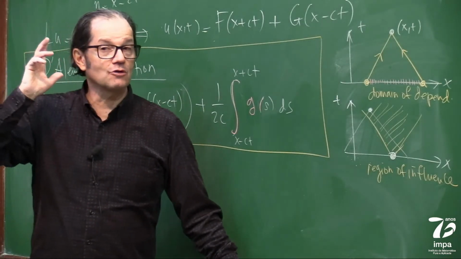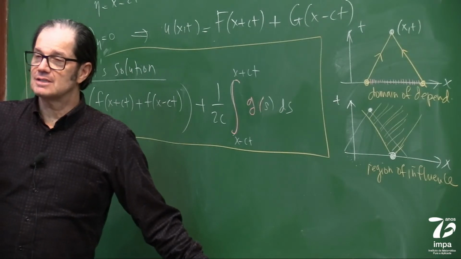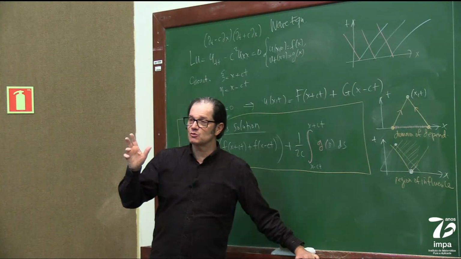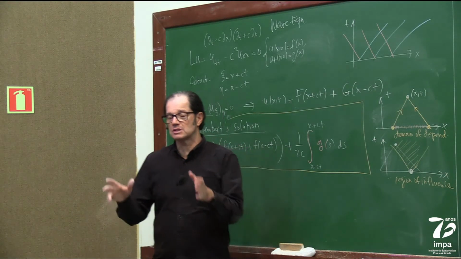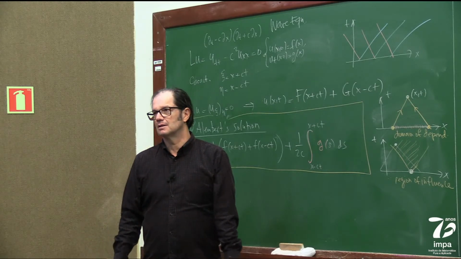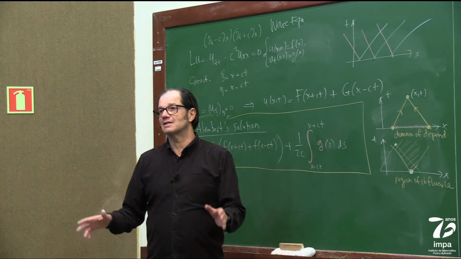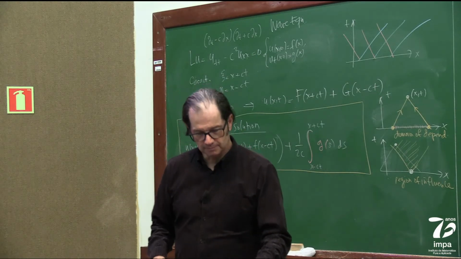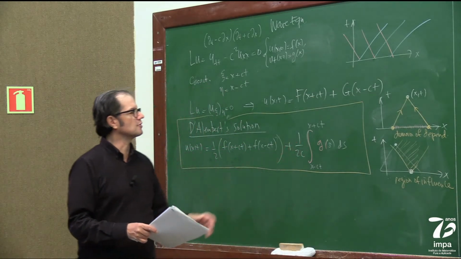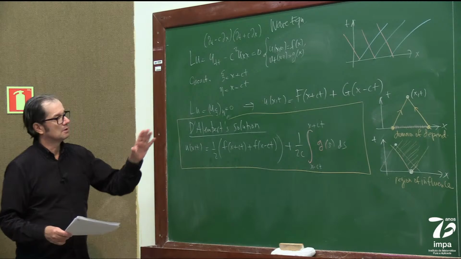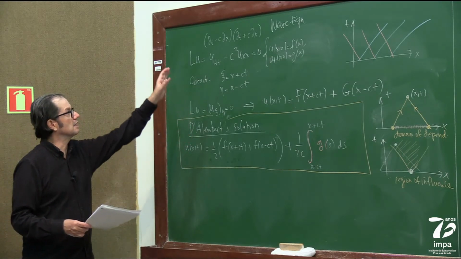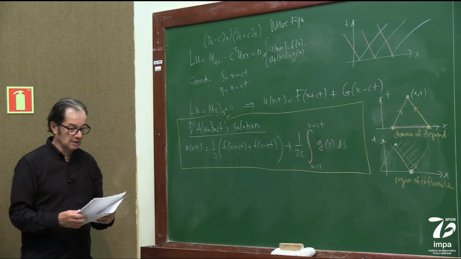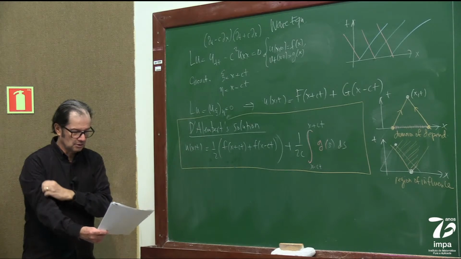And I think you can already relate to what I'm going to say now: the domain of dependence of the numerical problem and the CFL condition come together. We're not going to prove the CFL condition, but a good intuition is that the numerical domain of dependence has to contain the exact one, and not the other way around. So that's why it's good for us to refresh our memories of what the domain of dependence and the region of influence are, and the D'Alembert solution gives us a very clear indication of that.